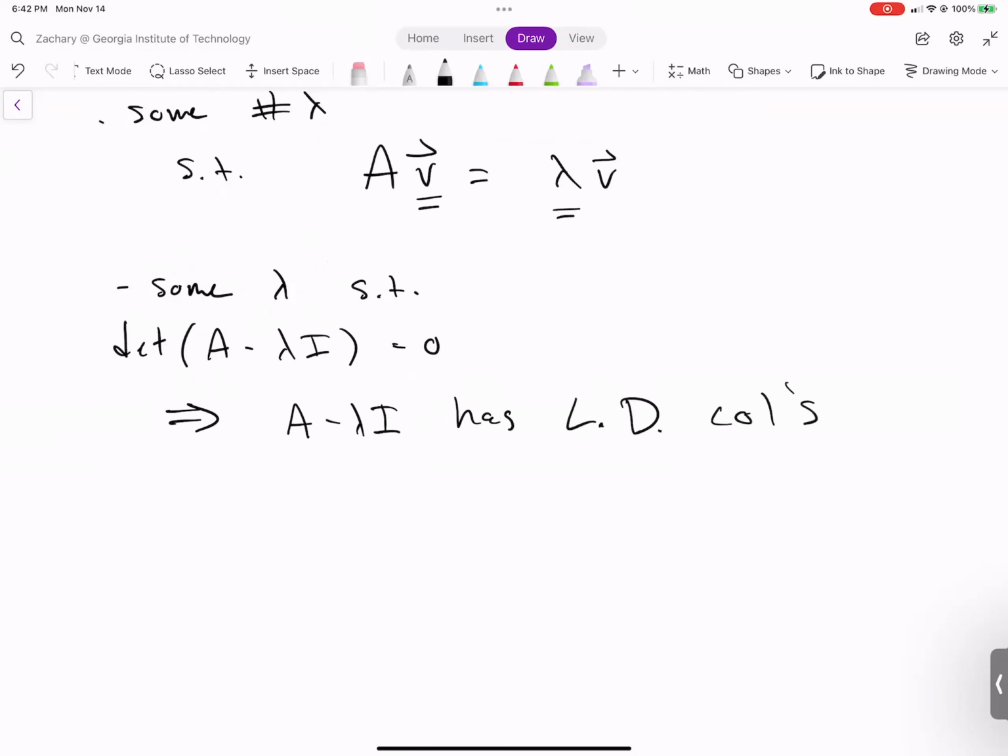If it has linearly dependent columns, what else does that mean? This implies that A minus lambda I has at least one free variable. Free variables. What else does it mean?